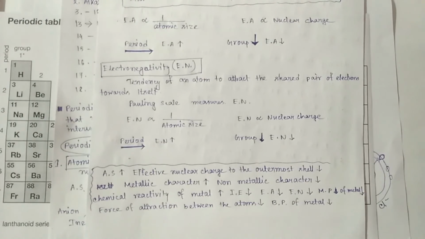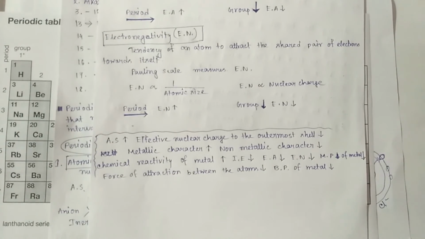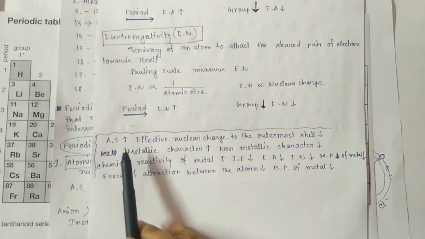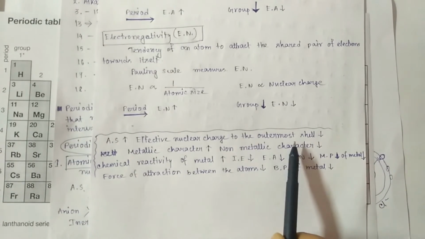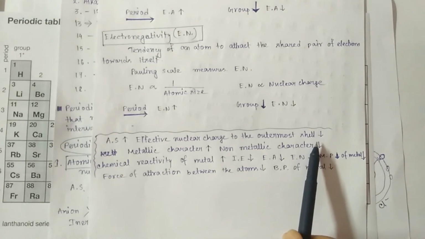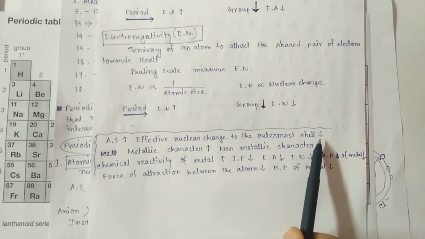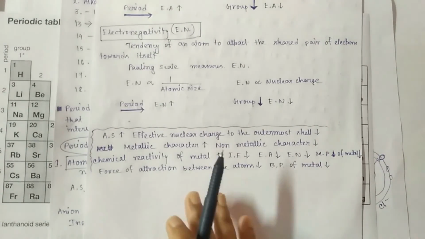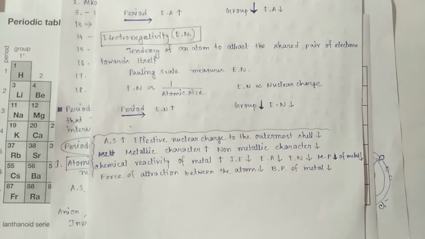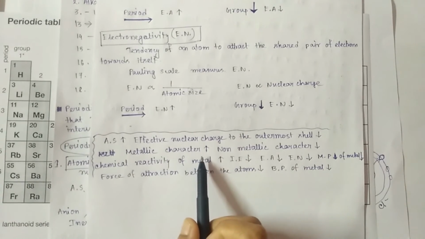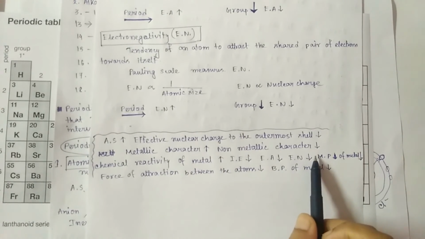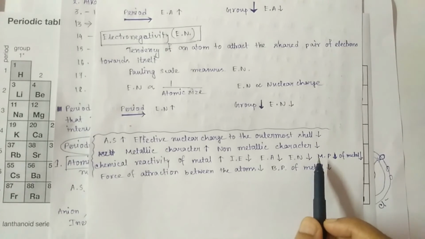Finally, I can conclude that when the atomic size increases, the effective nuclear charge to the outermost shell of any element gets reduced. Metallic character increases, because the tendency to lose an electron from its outermost shell is increasing, and non-metallic character reduces, because the tendency to accept an electron is reducing.